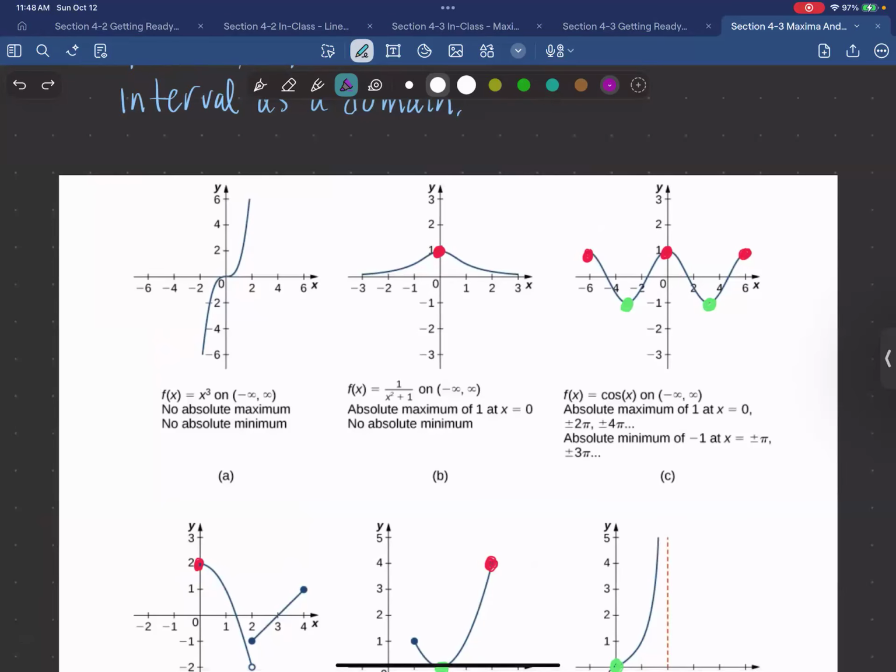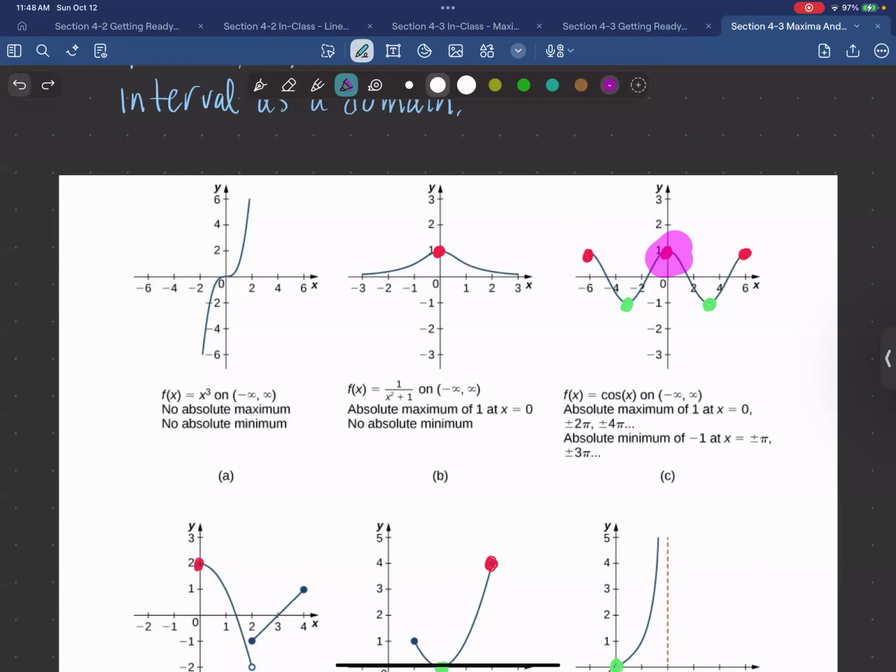Cosine, this thing is a wave, and it keeps going. Everywhere we have a peak, which happens to be at 0, 2 pi, negative 2 pi, 4 pi over here, negative 4 pi over there, those are all absolute maxes of 1 at those points.